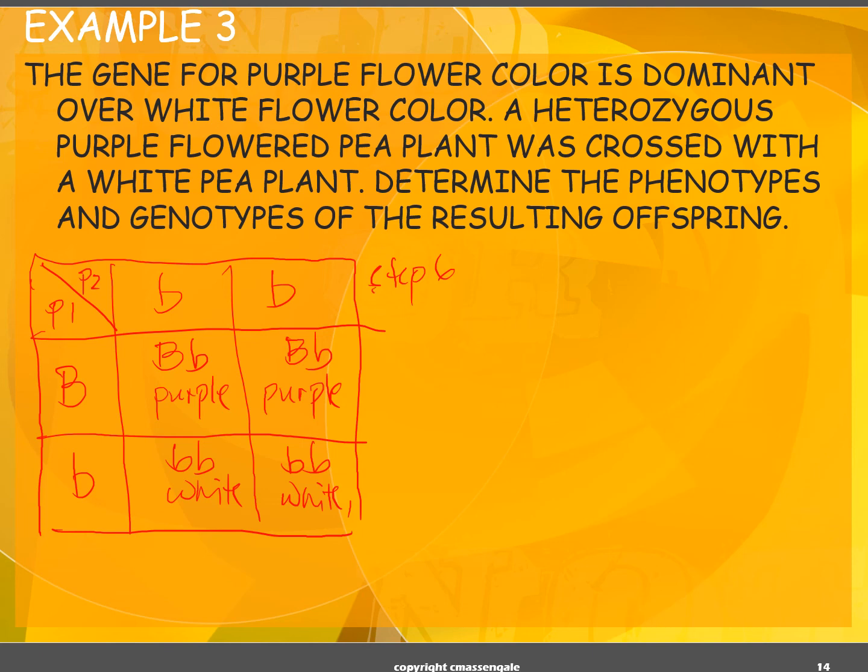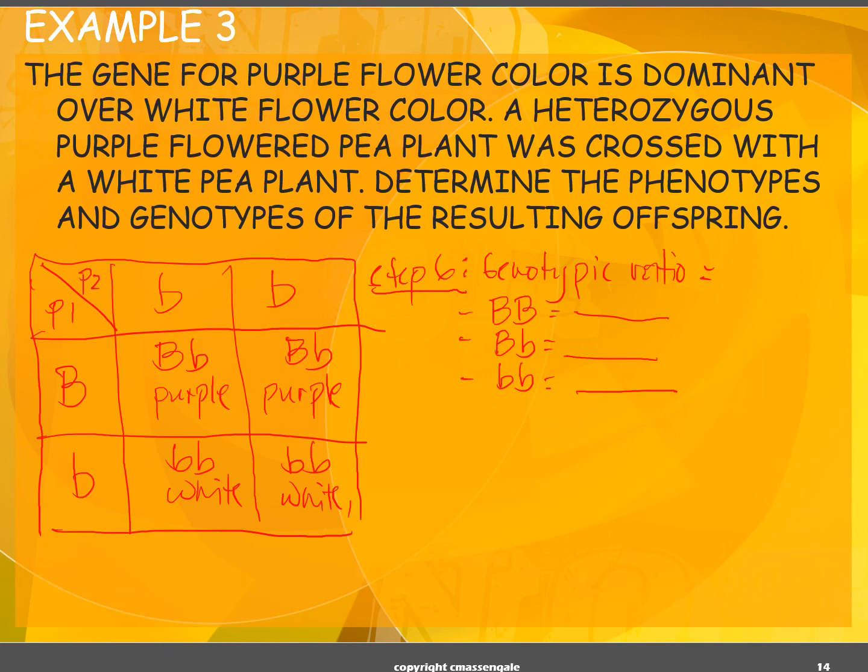Step number 6, we are looking for the genotypic ratio. So, all possible genotypes are capital B capital B, capital B small b, and small b small b. Yan. So, let's take a look at our Punnett square.